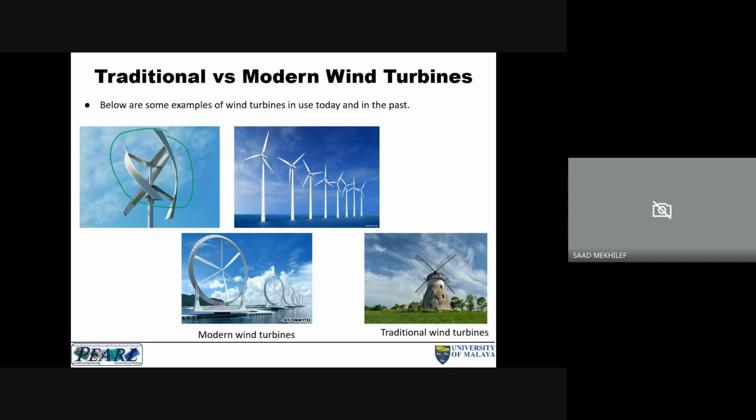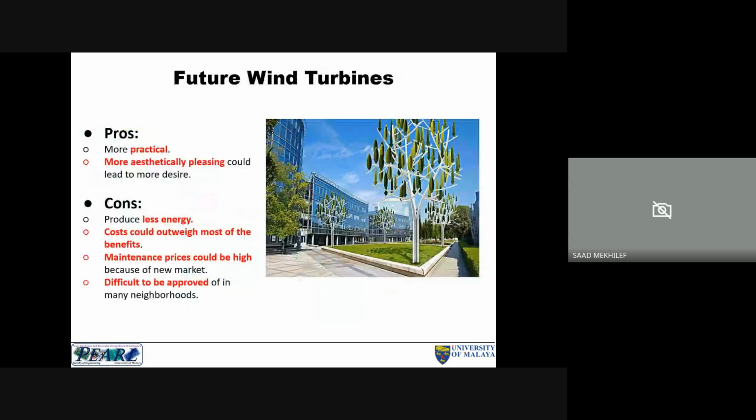They are quite good. Maybe they can go up to 500 watts to 1 kilowatt system. On the rooftops of buildings, they can provide some support. But as I see, they are very small in size.